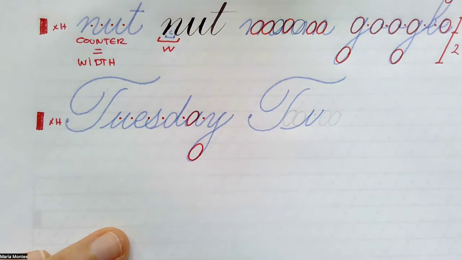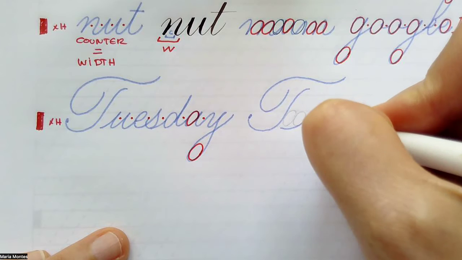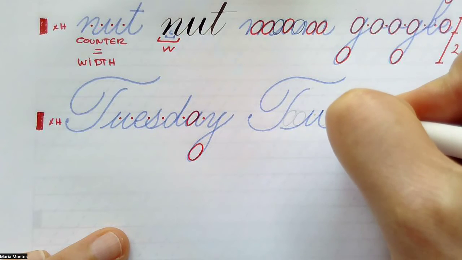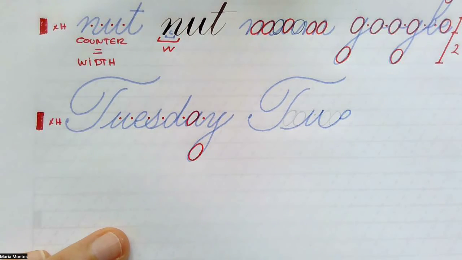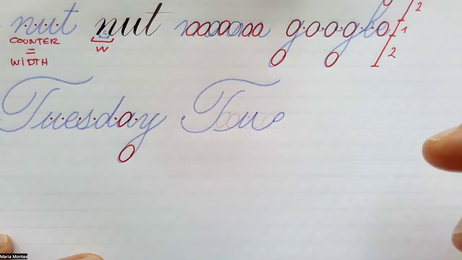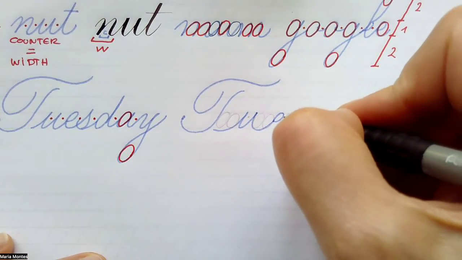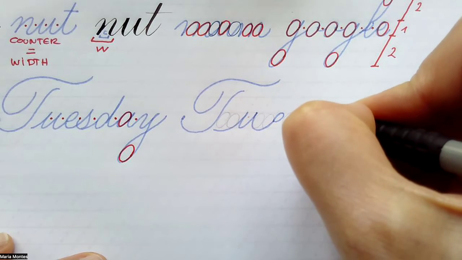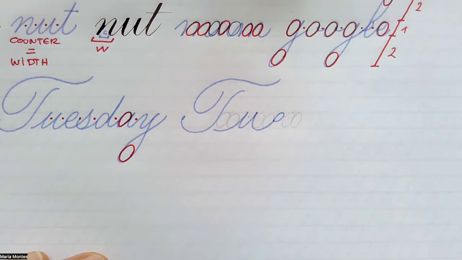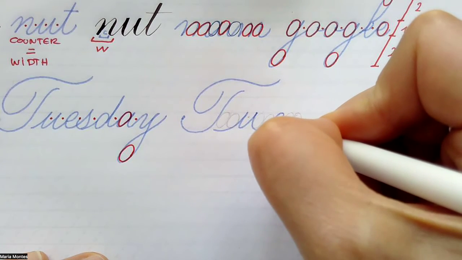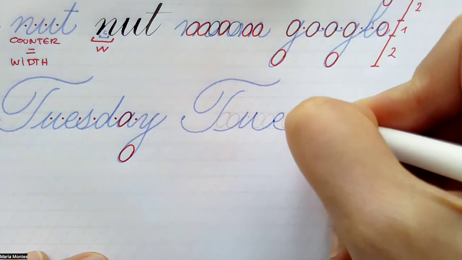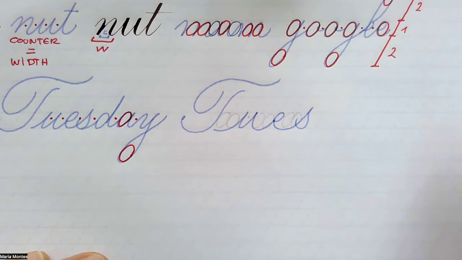Okay, and from here, I go down. And I keep going like that. And then it's going to help me to get a uniform double spacing. Okay, and then from here, and I do that again.